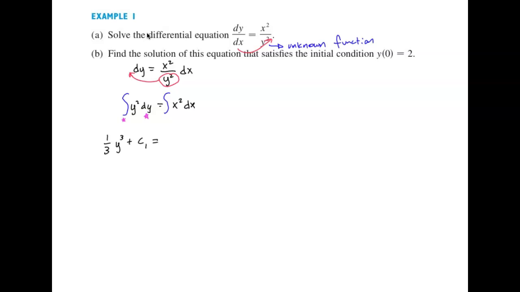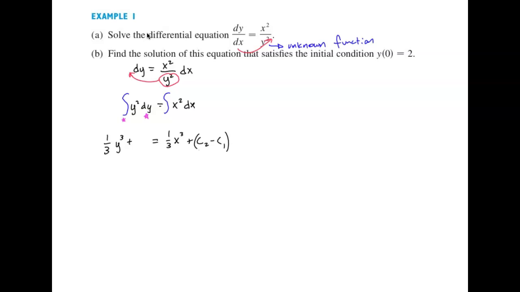You'll see why here. So then the antiderivative of x squared dx would be 1/3 x cubed, and I'm going to say plus C2. The reason I do that is because it's plus any constant, and these two constants don't necessarily have to be the same, right? Now, with that in mind, couldn't I just subtract over C1? And if I did that, I'd have C2 minus C1 over here. Now, a constant minus a constant is still just a constant. Do you agree with that?